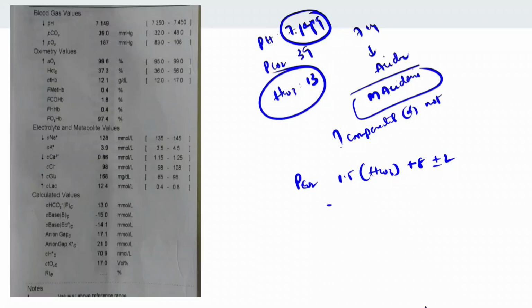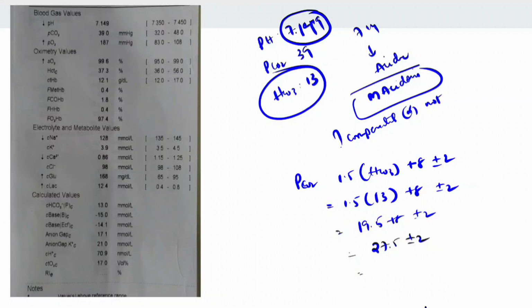Here, 1.5 times 13 is 19.5, plus 8 is 27.5, plus or minus 2.